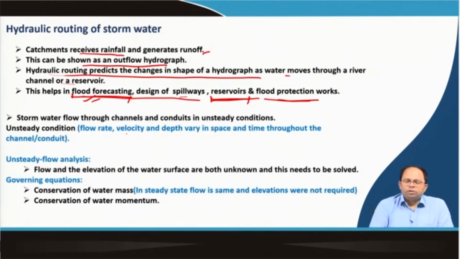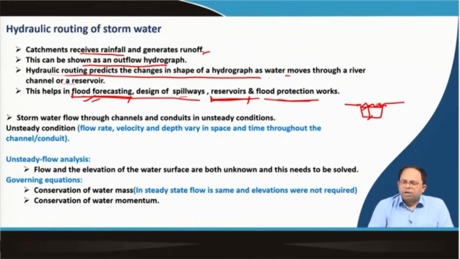So, stormwater flows through channels and conduits in unsteady conditions. Till now, earlier, we have discussed steady flow conditions. That means, in a particular channel, the total volume of water, that means the height of water in that channel, more or less remains the same. So, there is no change in that. But unsteady flow means there is turbulence at the top of the water, right.